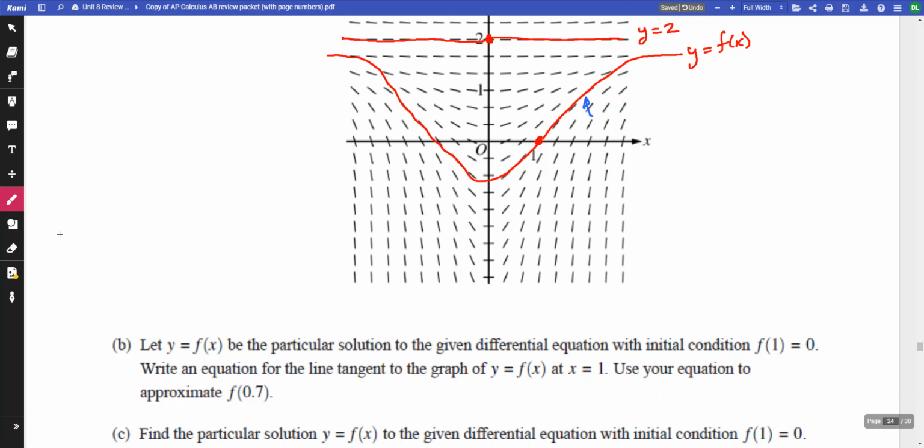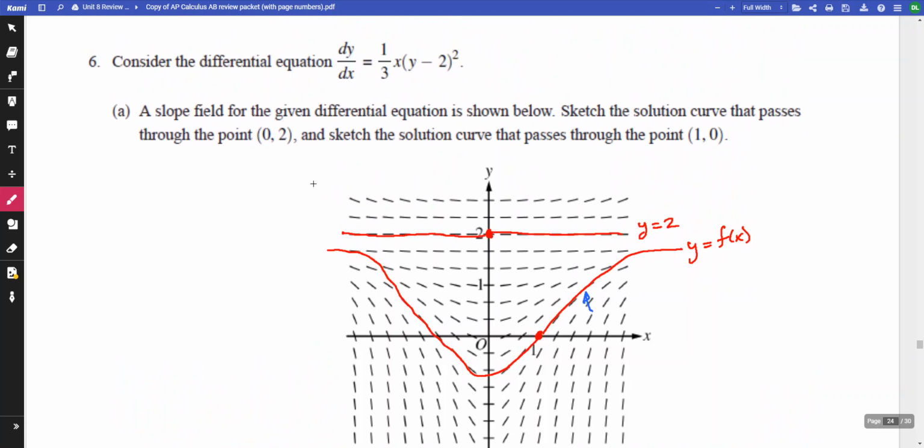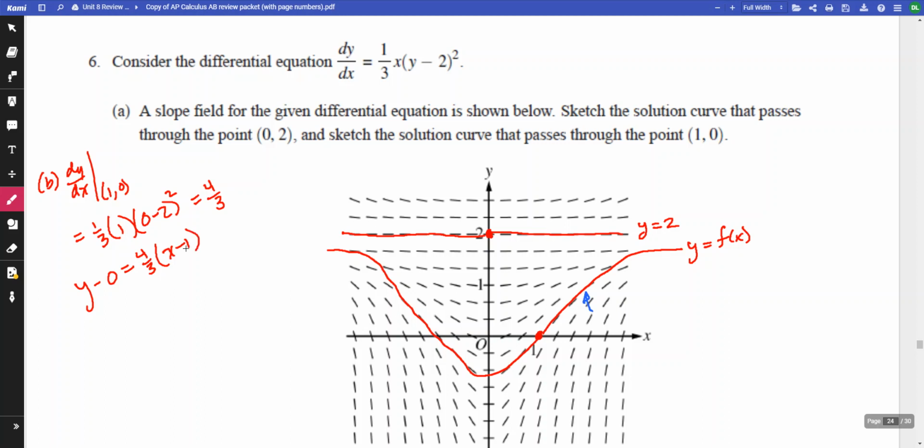So for part B, we need dy/dx at the point (1, 0). Well, that's going to be 1/3 times 1 times (0 minus 2) quantity squared, which is 4/3.